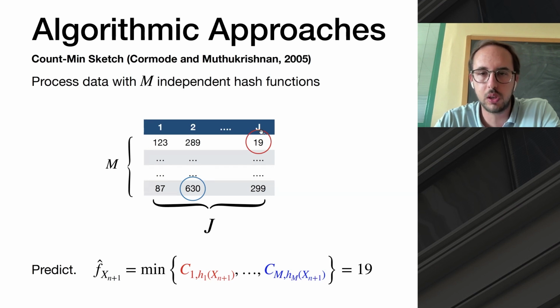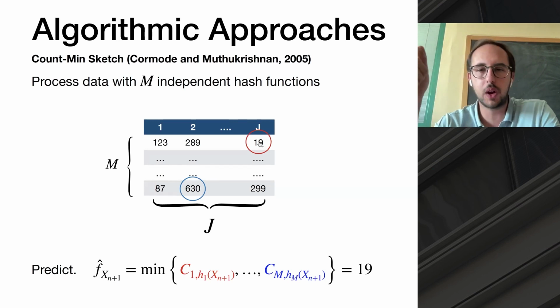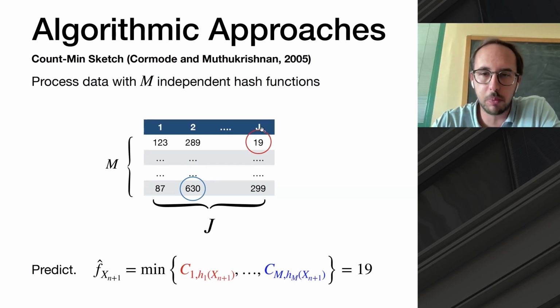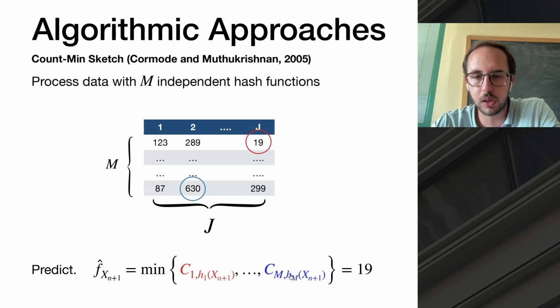And in the first row, in position j, I have the value 19, meaning that with the first hash function, I've seen 19 times a symbol that gets mapped to the value capital J. And so I save it in this position of the vector and do it for capital M hash functions. And for instance, for the capital M-th, x_{n+1} gets mapped to the value 2. I go in position 2 of the last row, and I recall here 630.